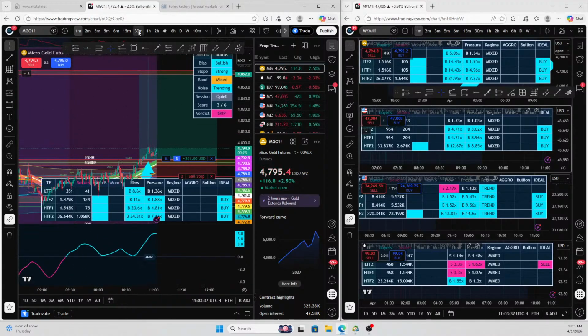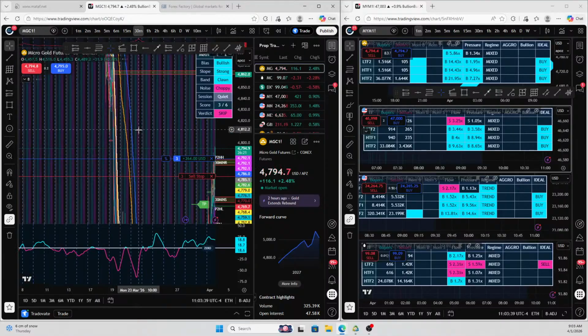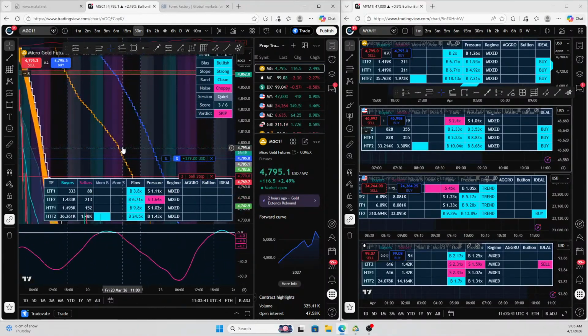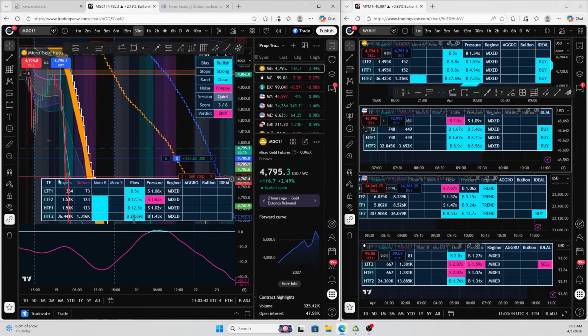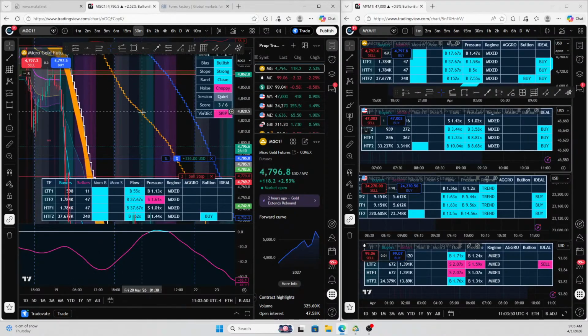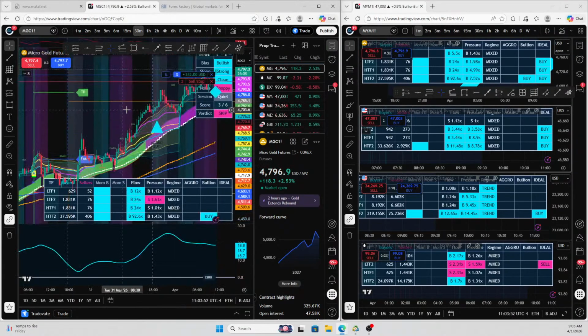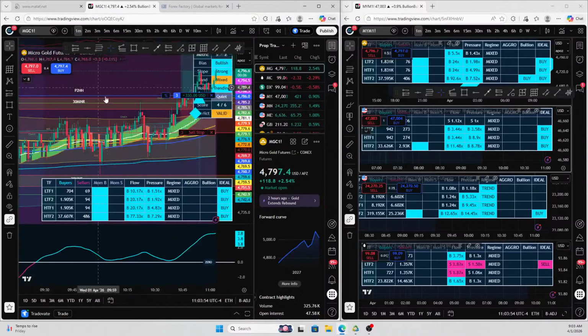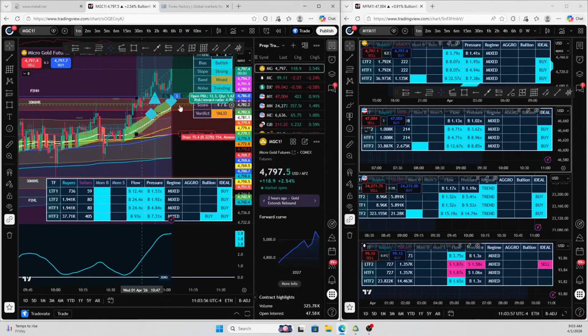Because if you look at the 30-minute support and resistance, we don't really have any resistance until this level right here. So we can hold the trade up to 4862. Yeah, let's go, guys.